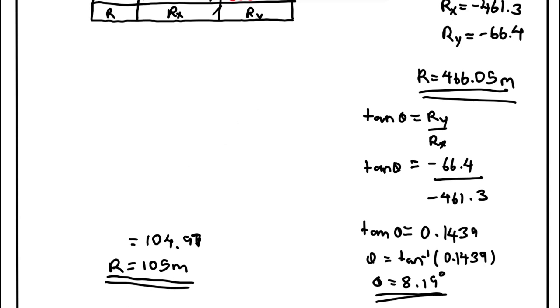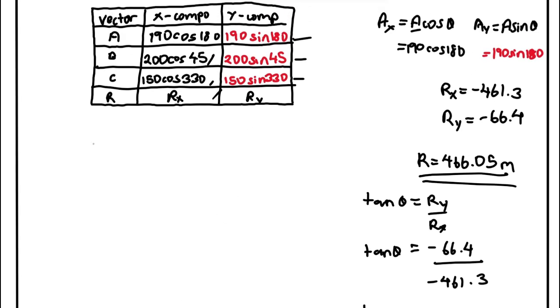We want a fourth vector which when added will give 0. That means that they want the resultant to be 0, but we have to add a fourth vector. So this will be A plus B plus C plus a fourth vector D, which when added will give us a resultant of 0. Okay, resultant is equal to 0.